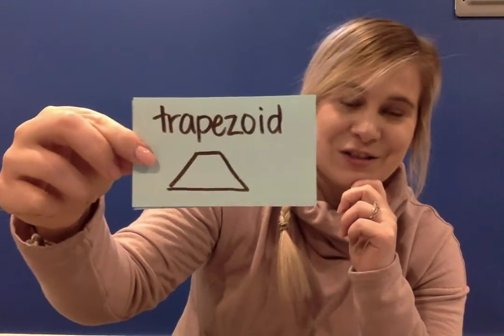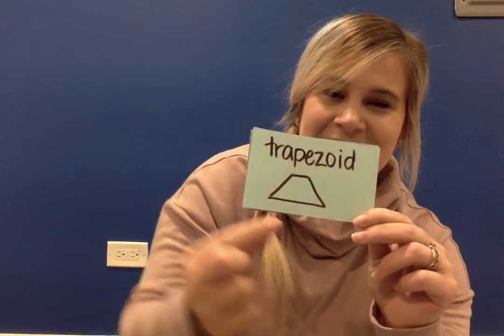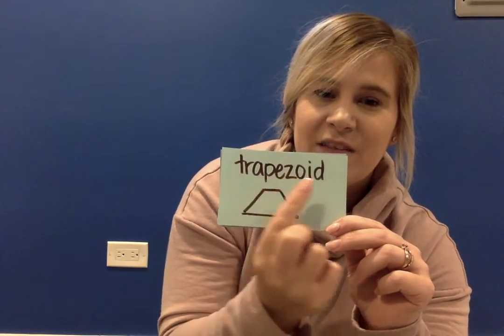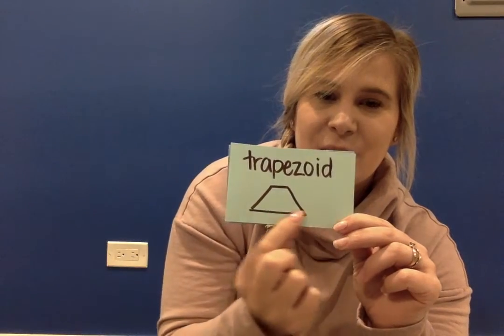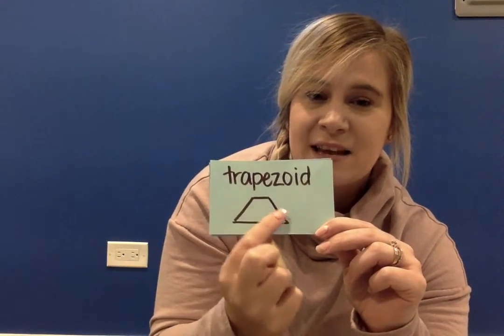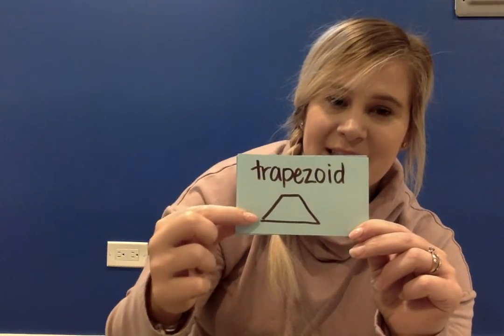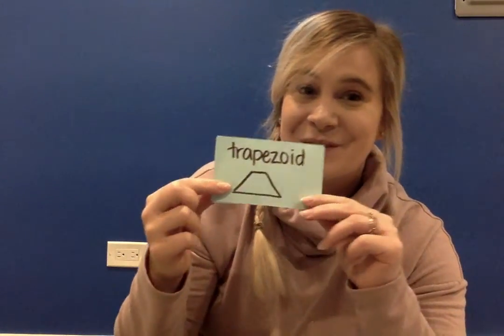Its sides on the side of it would crisscross if the lines kept going forever. Do you know what shape this is? Are you ready? A trapezoid. It has parallel lines here. These lines will never ever touch if they keep on going. It has 4 sides and 4 vertices, and the side on the top is short and the side on the bottom is long. Okay, last one.